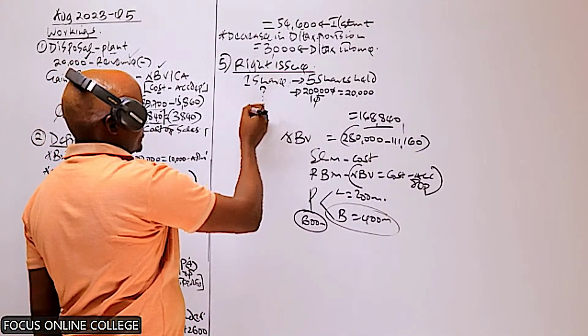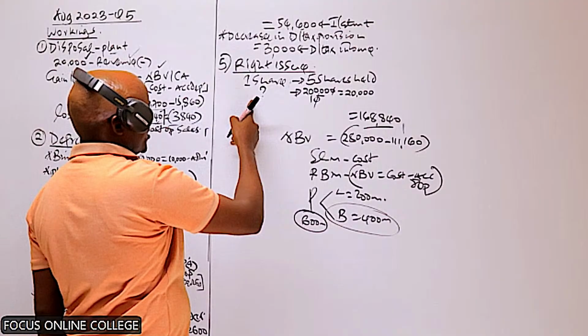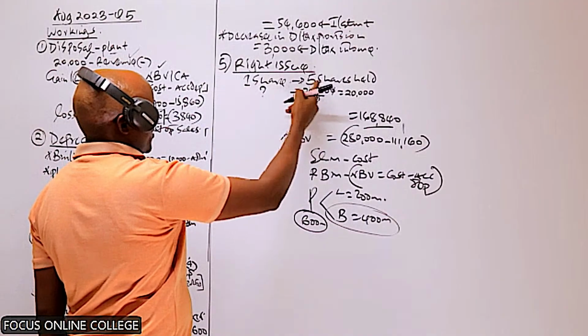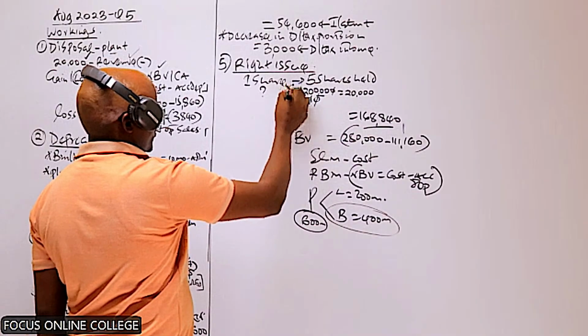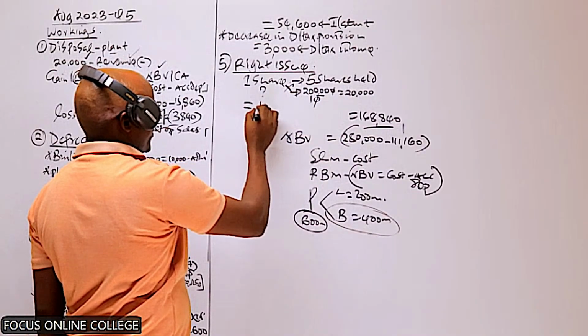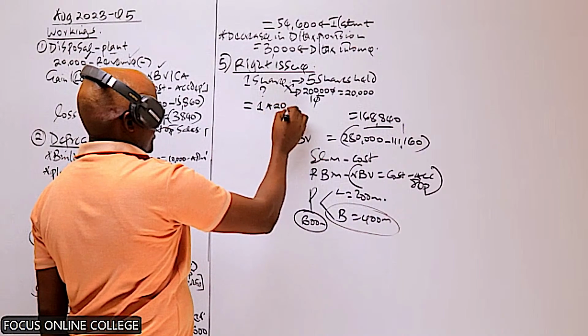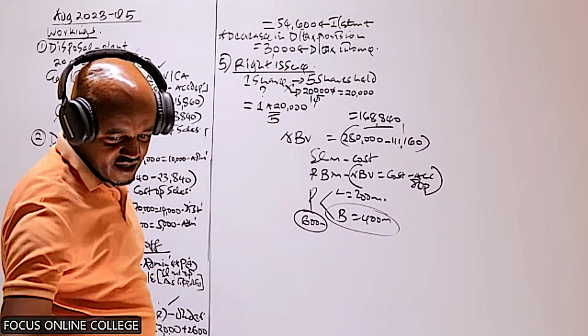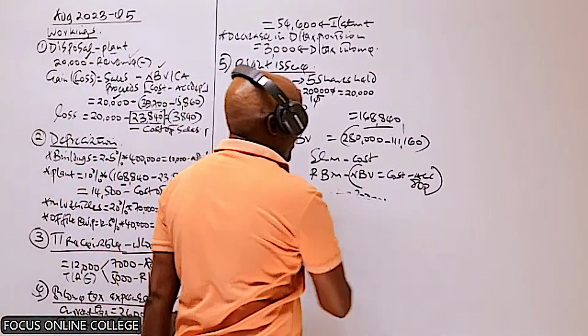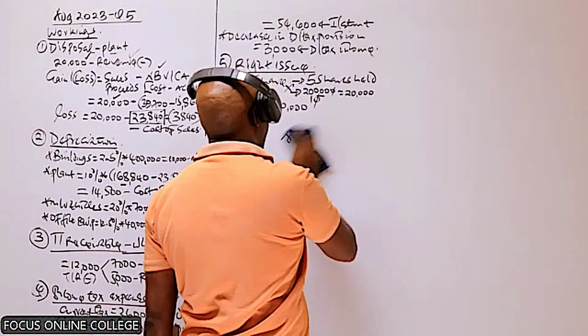So we need to determine how many shares were issued during the right issue, because the company was to issue 1 share for every 5 shares held. The shares held were 20,000. So we cross multiply, then divide: 1 times 20,000 divided by 5. This will give us the shares issued during the right issue.